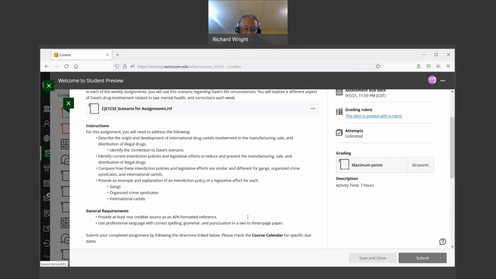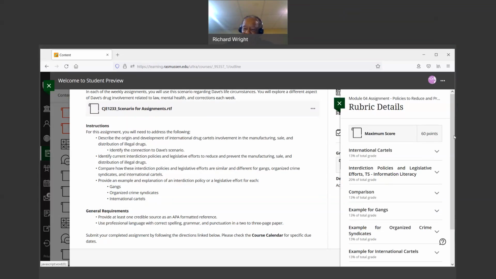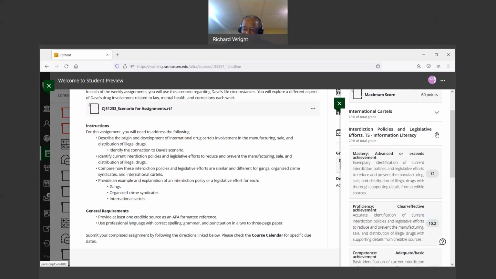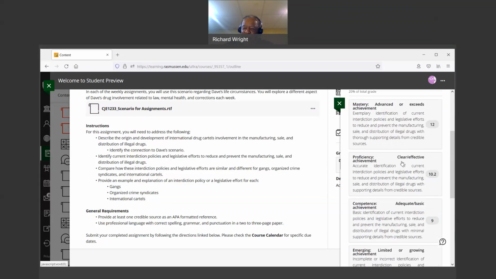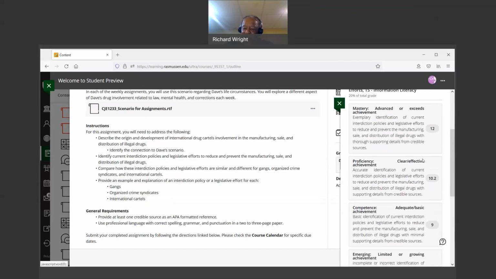Credible sources, as I constantly remind you, provide support for the statements contained in your papers. That's why I say more than one credible source, as you deal with the items from the grading rubric. Here's how I do it. Each section gives you a percentage, and you have to satisfy each of these. If you satisfy everything, you'll get mastery points.